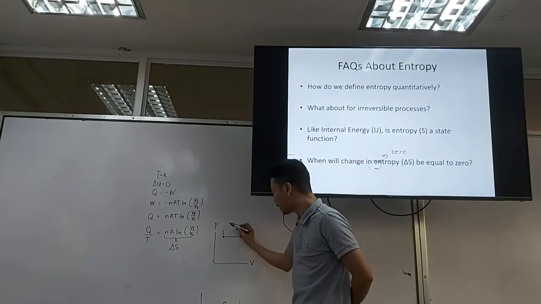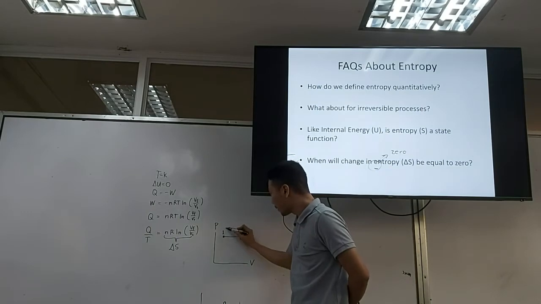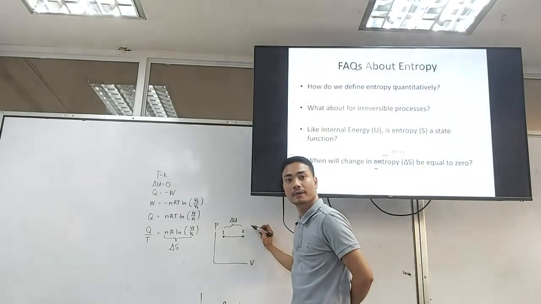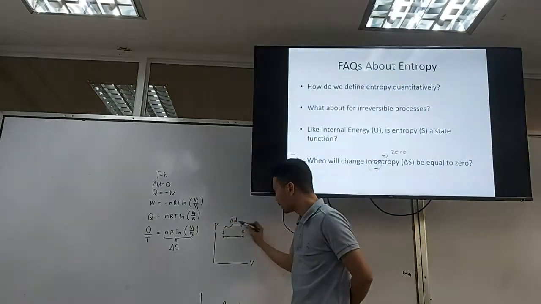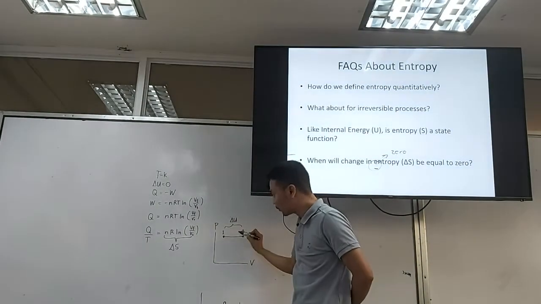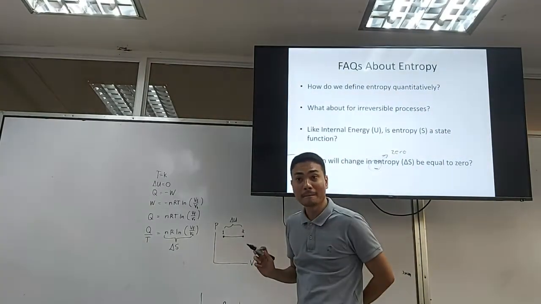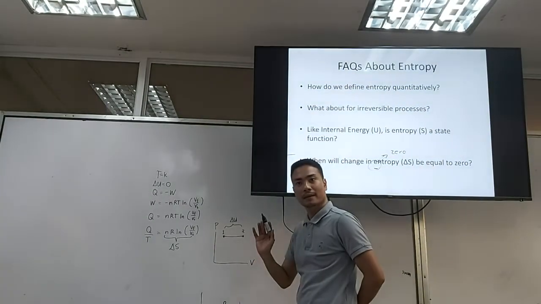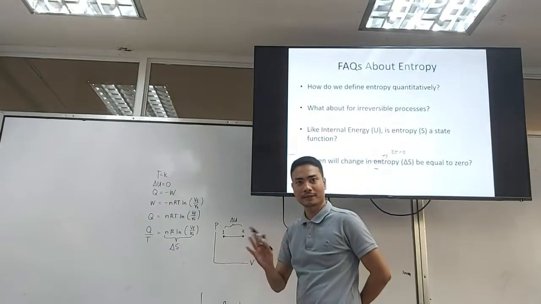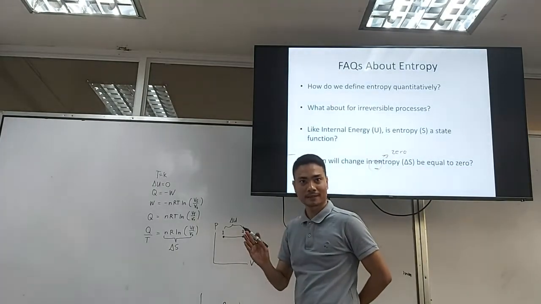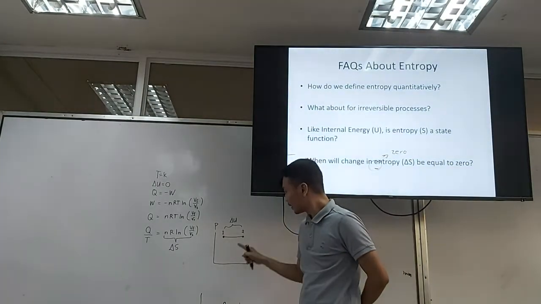Meron din tayong ano dyan, delta. Meron tayong ano dito, delta U. Right? May delta U tayo dyan. Meron din Q, tsaka W. Right? Listen. Pero, I can have other paths for me to get state 2.